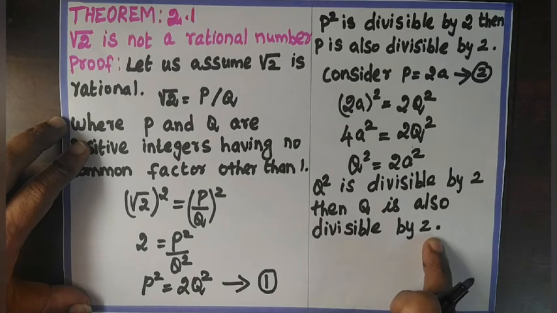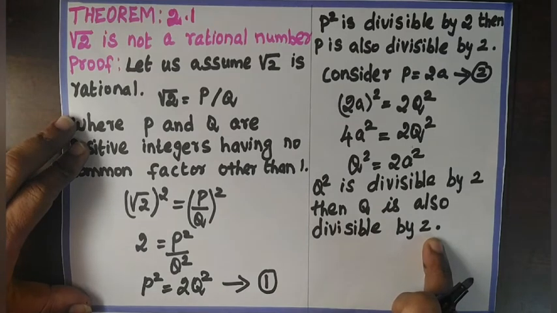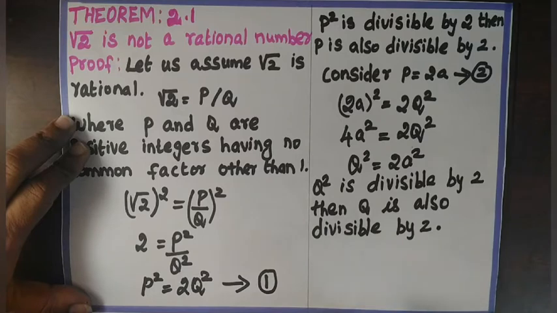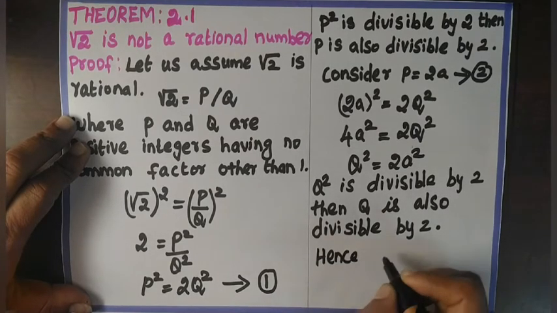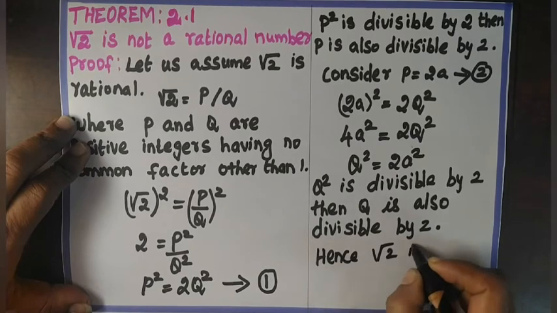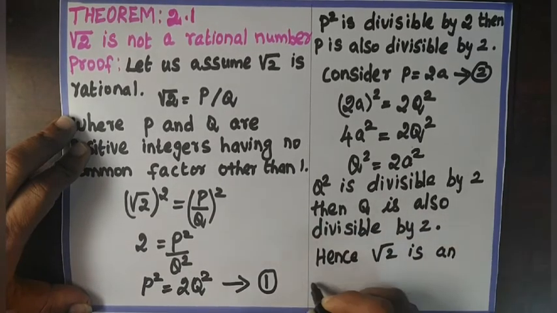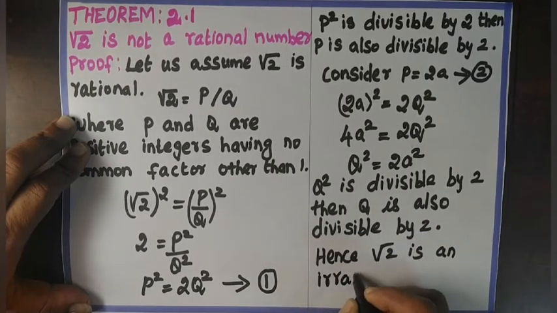It contradicts our assumption, so our assumption is wrong. Hence, root 2 is an irrational number.